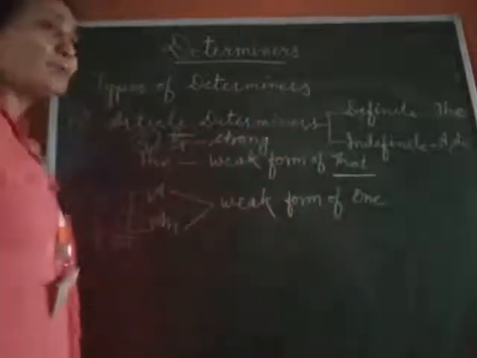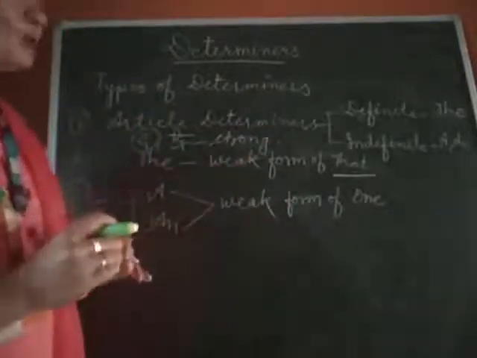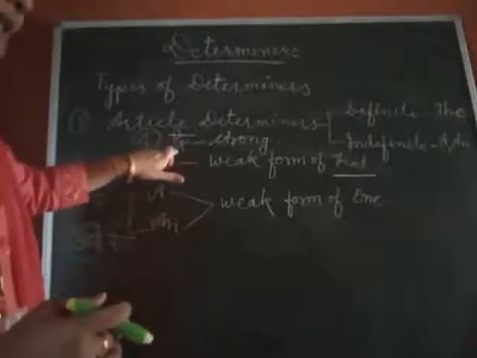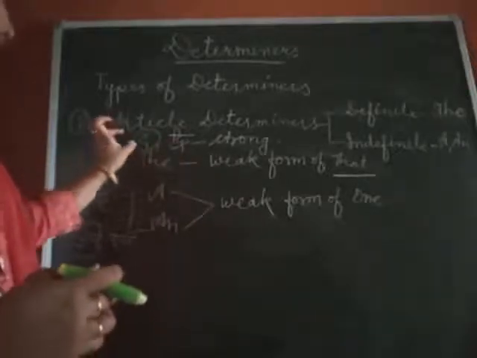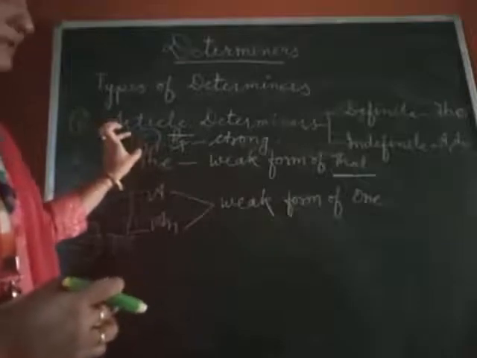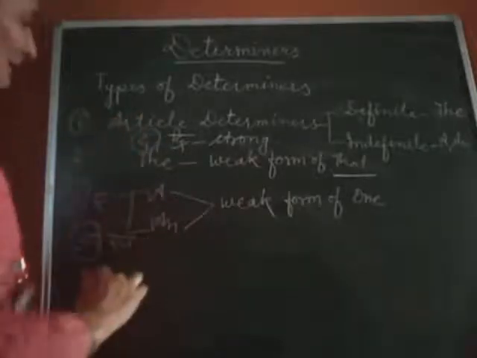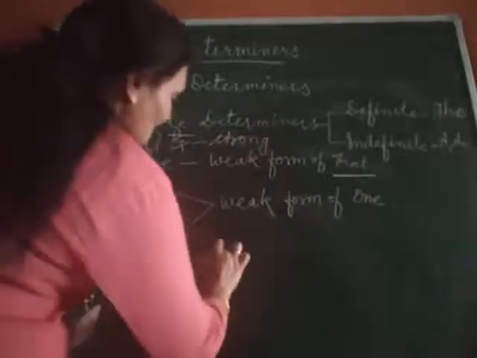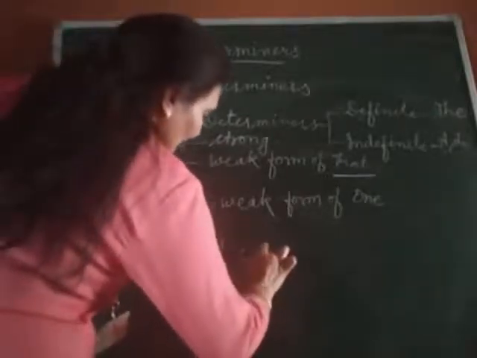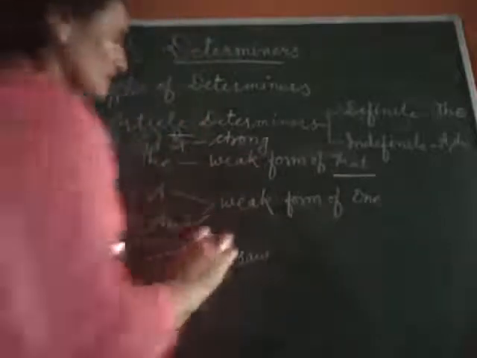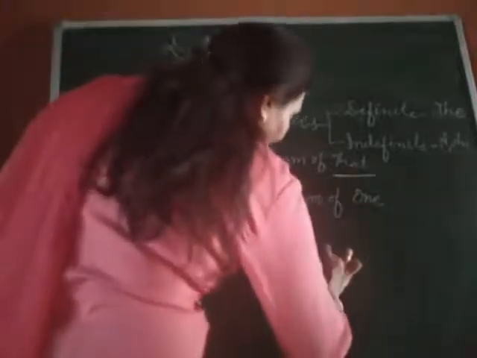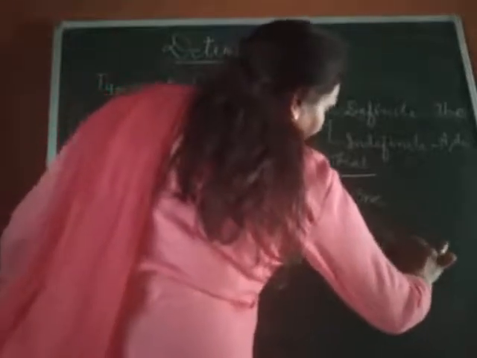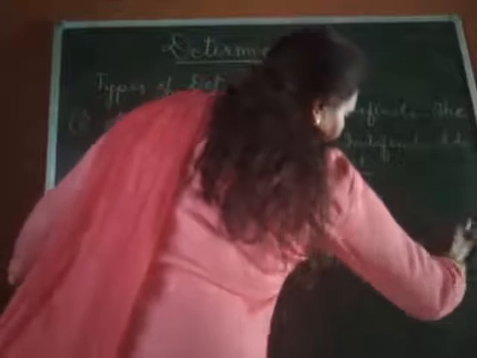So these are the weak form, and thee, ay and an are the strong pronunciation. We usually use the weak form of these words, but whenever we have to emphasize or put stress on the word before which it is used, we say thee, otherwise we pronounce it thuh.